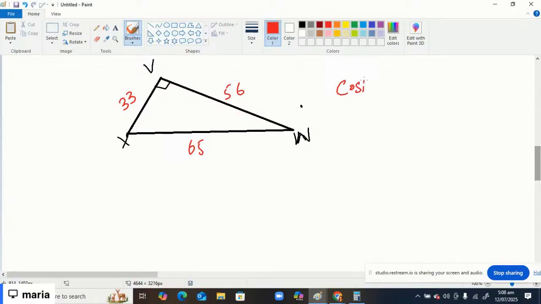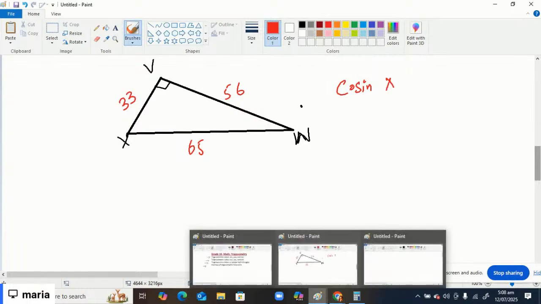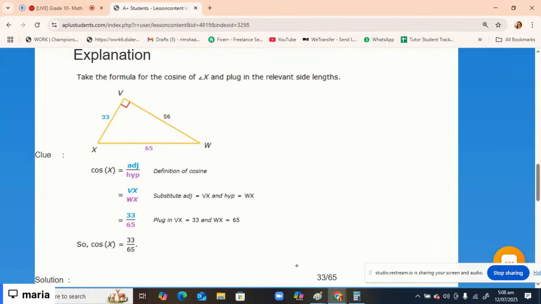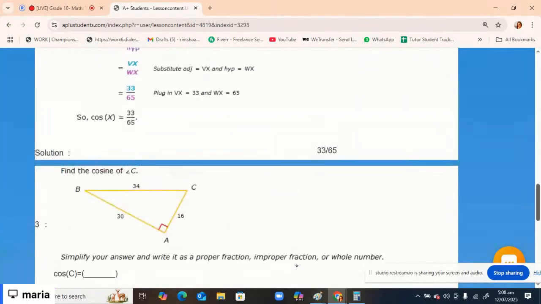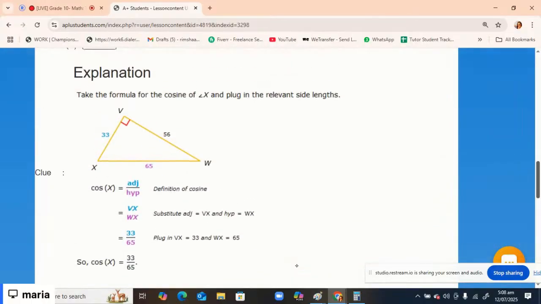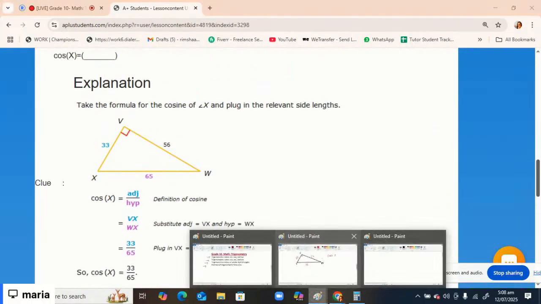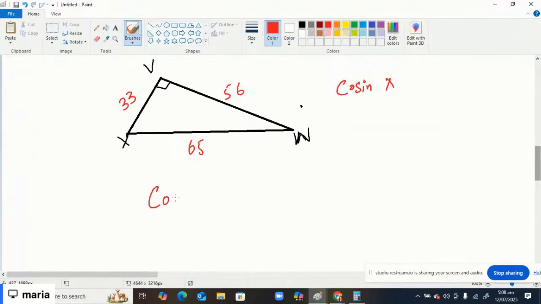So cosine of X. How can we find the cosine of X? For the cosine of X, we use the formula adjacent over hypotenuse, and then put in the values.